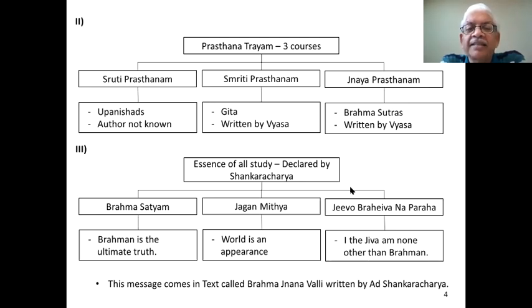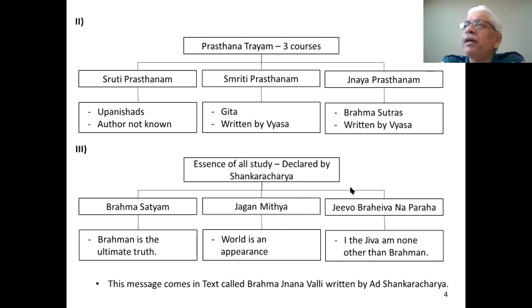Then the second thing he discovered was that this universe which we see is an appearance. What is an appearance in Sanskrit? It is called mithya. Satyam means existence. Mithya means appearance.